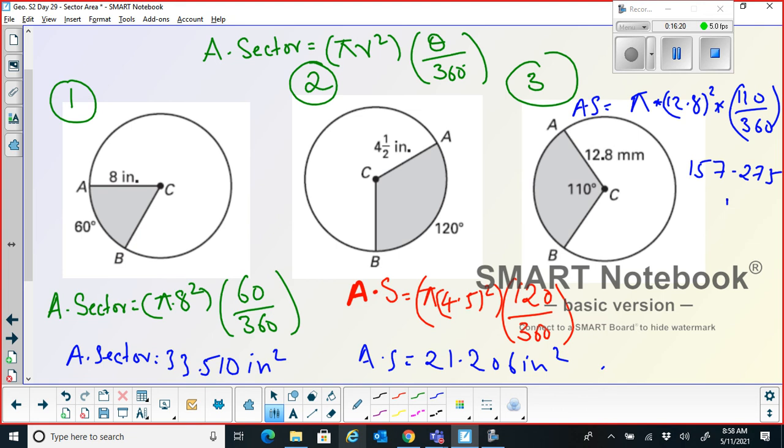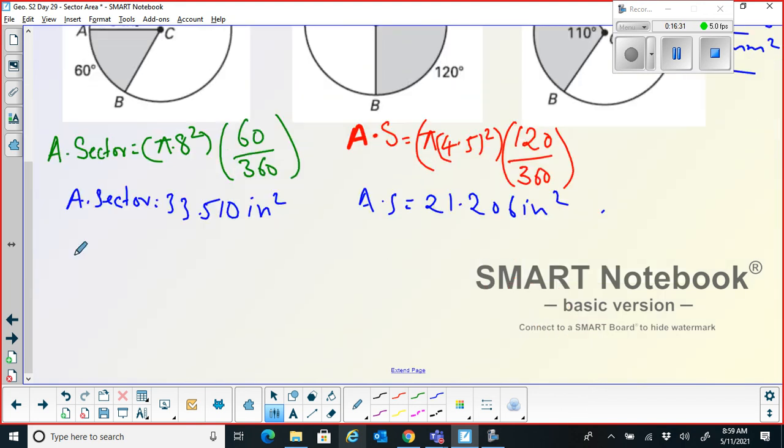And the units were millimeters, so make sure you write the units. Square millimeters here, square inches here. Okay, I hope these kind of problems are clear to you all. Okay, let's move on to the next slide.